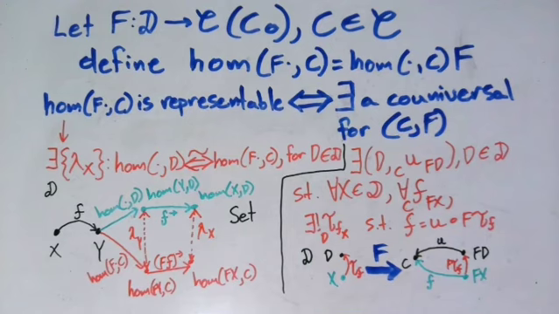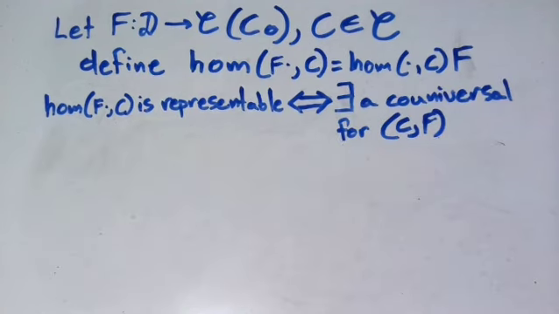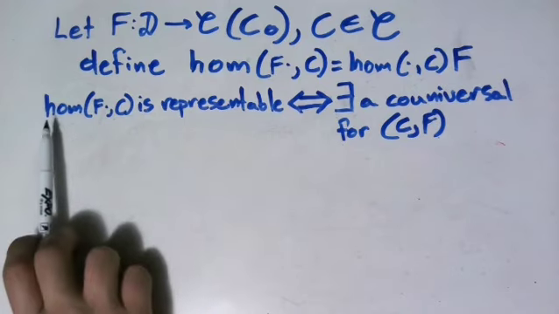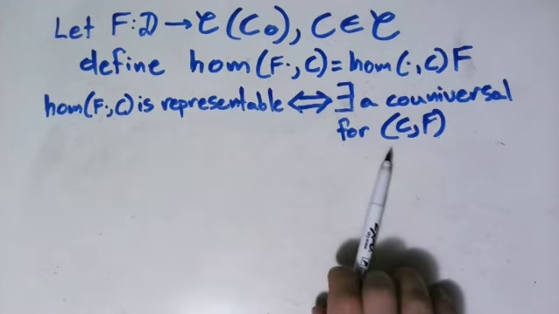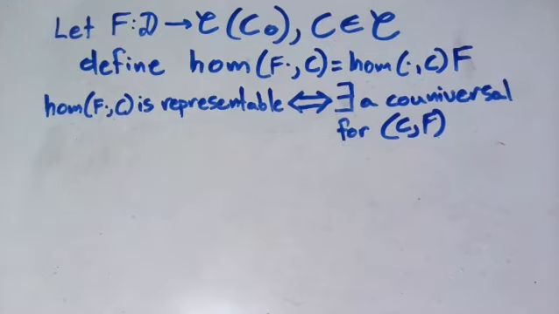So we're saying that these two properties are equivalent. So it could be helpful for the rest of the video to draw this diagram out for yourself and refer to it when you need to in terms of proving some of the results that we're going to see. So let's prove this statement now, starting in this direction. So we want to assume that home F blank c is representable, and then prove that there exists a co-universal for CF.